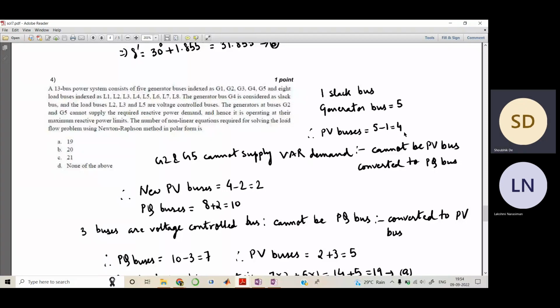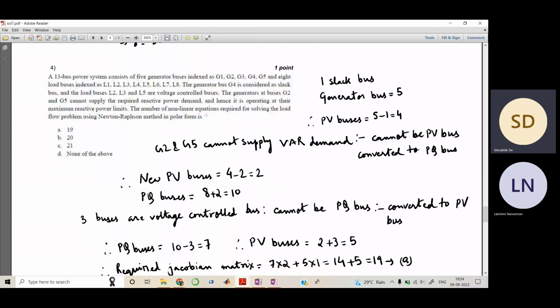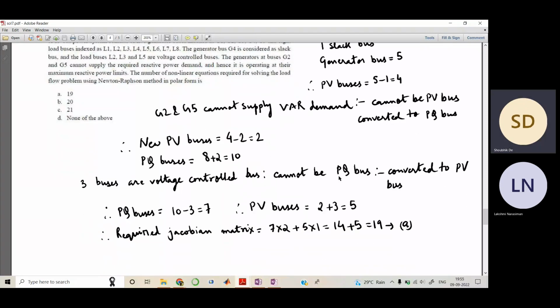Therefore, the number of PV buses, initially 4, now you have to subtract 2. So this 2 goes to the load buses, and initially the load buses were 8, so this becomes 8 plus 2, which is 10. Now L2, L3, and L5 are to be taken as voltage controlled or PV buses. So these 3 buses cannot be PQ buses, they have to be converted to PV buses.